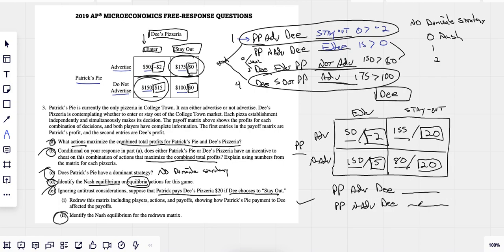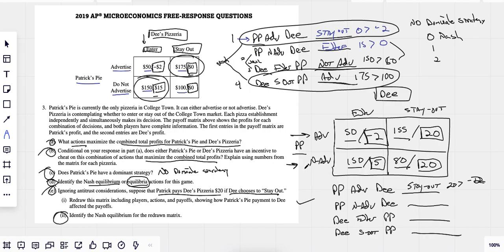This cuts them down. Now D can either enter, and Patrick Pie will choose something, or D can stay out, and Patrick Pie will do something else. So when Patrick Pie advertises, D would choose, obviously, to stay out, because 20 is better than -2.